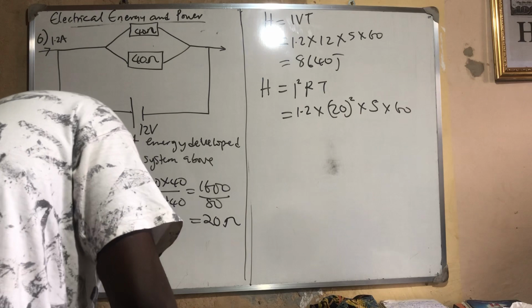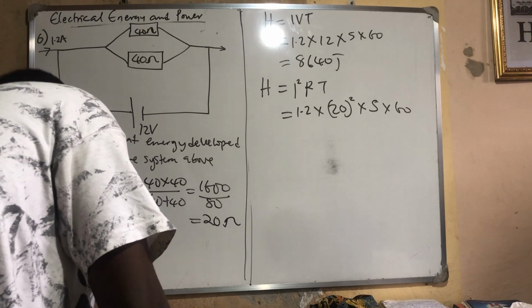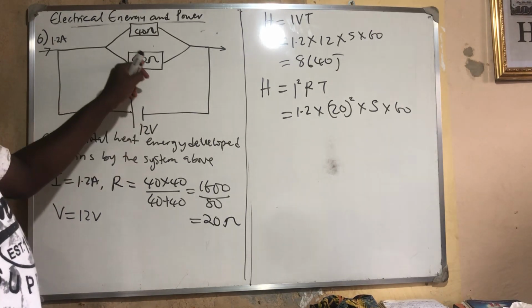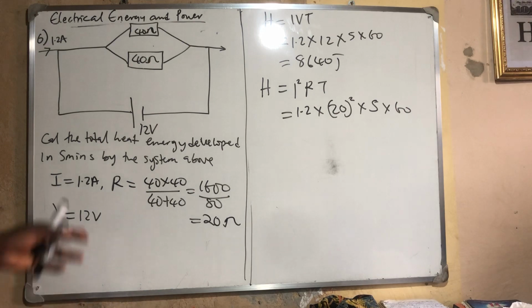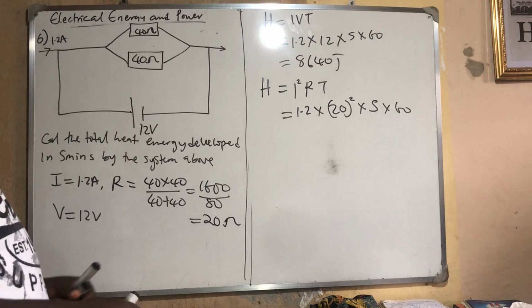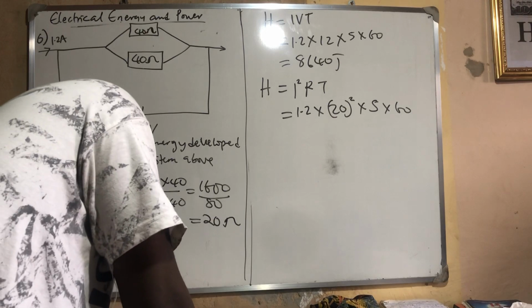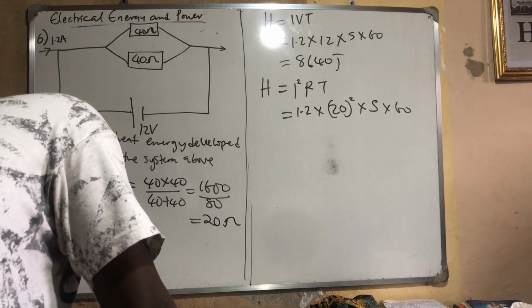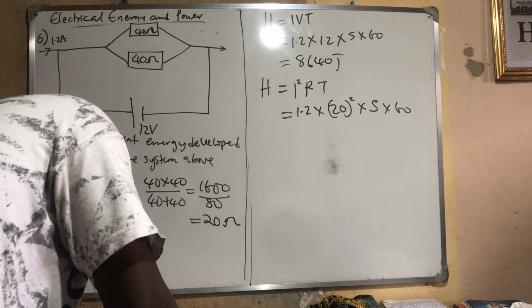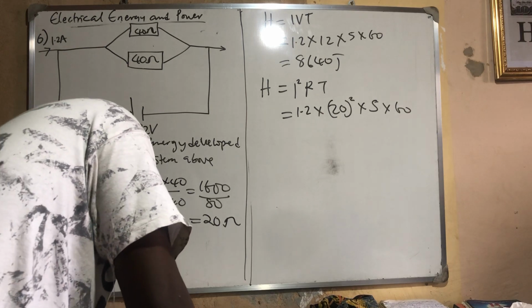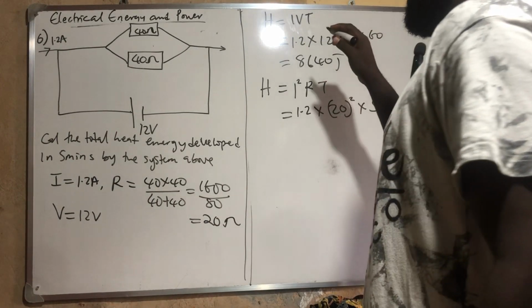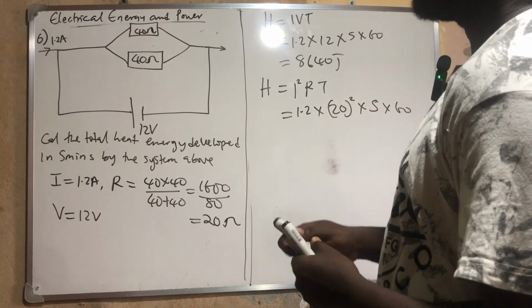Okay, the total voltage there is 24, because we have the first voltage for this and the other one for this. Since the 40 ohm resistors are in parallel, the potential difference across them is the same.